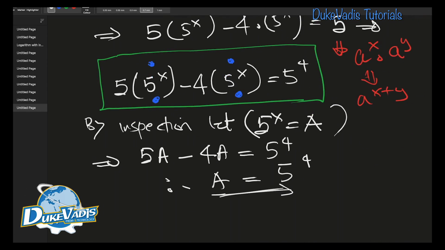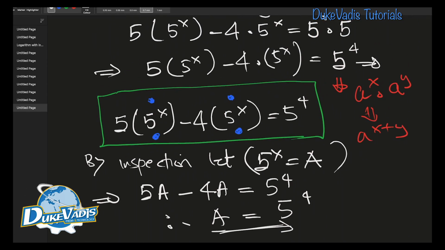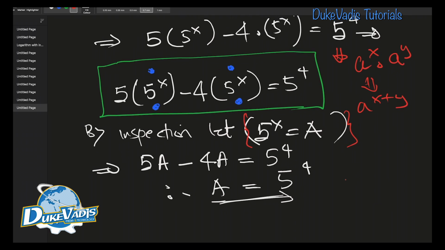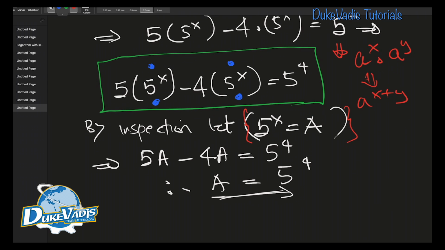So we go back and we realize that we said earlier that we should let 5 to the x be equal to A. So then we have to do substitution back into the equation.